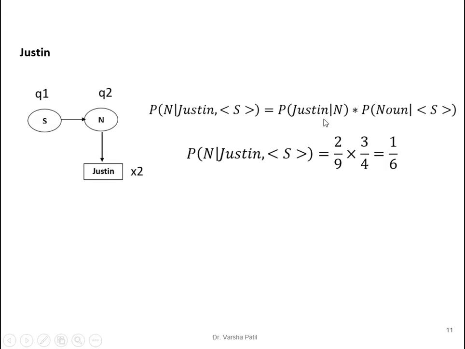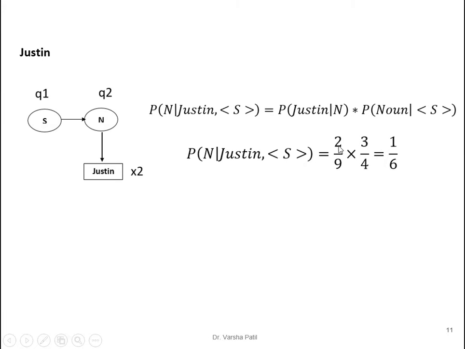Now we just write down the formula, in which first is your Bayes rule and second is your bigram. How many times Justin occurs as a noun, times how many times noun is coming after the start of the statement, because this is a bigram. Now you check the emission probability matrix and the state transition matrix.